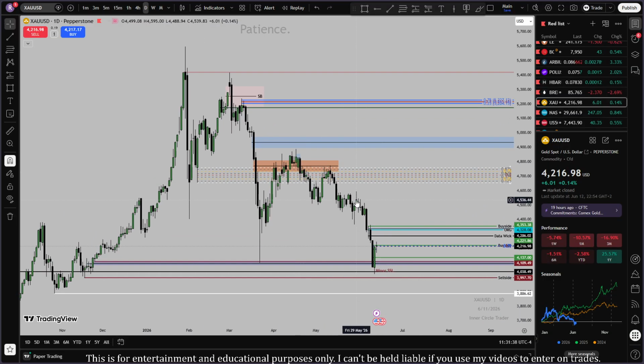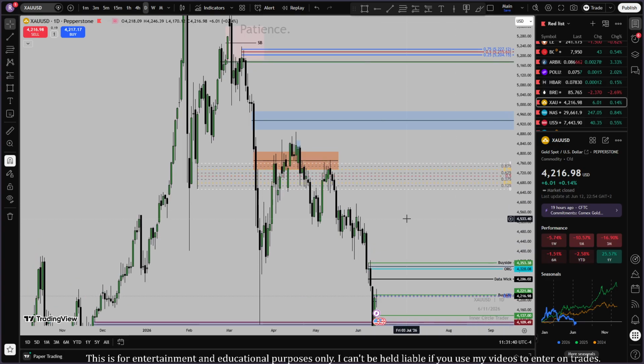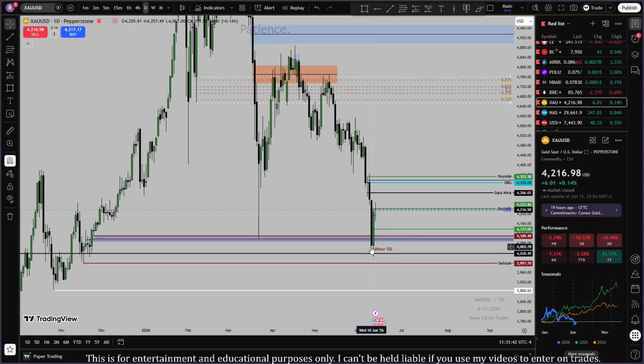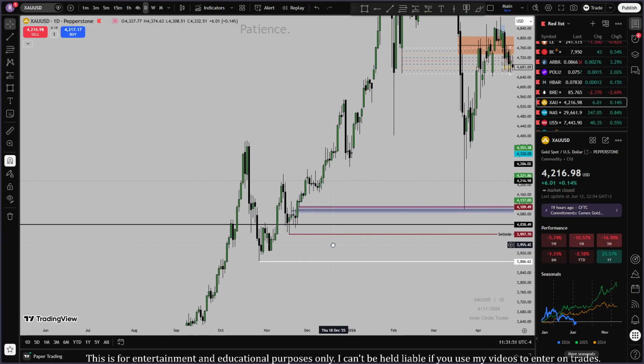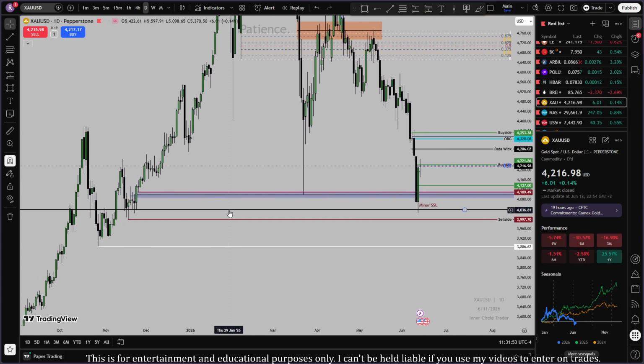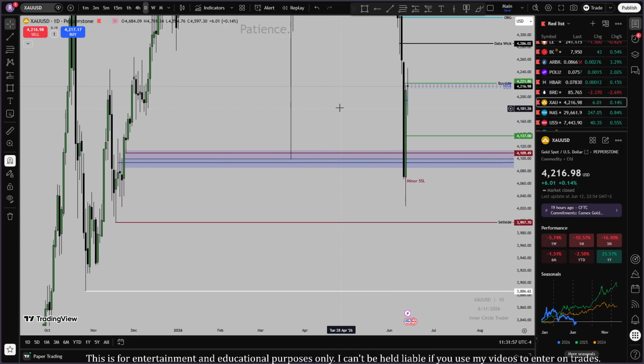We had this consolidation just continuously going lower, and then the drop took out the sell side, and then also I just marked this vertical line. Check where we were.